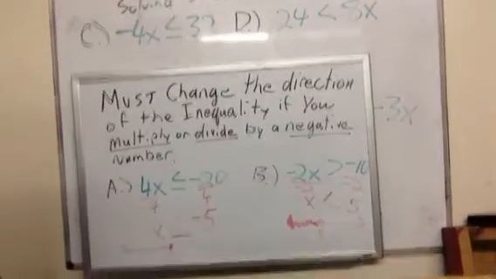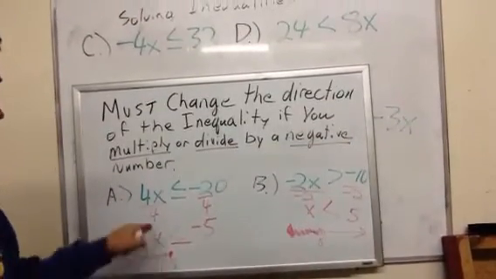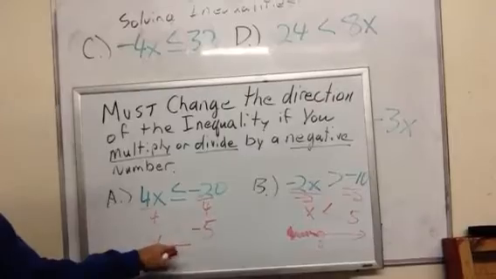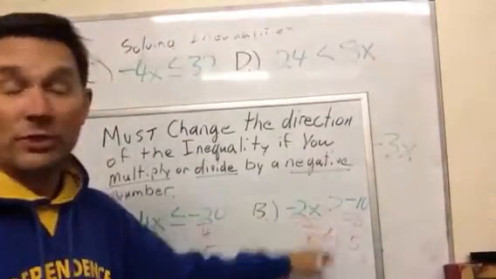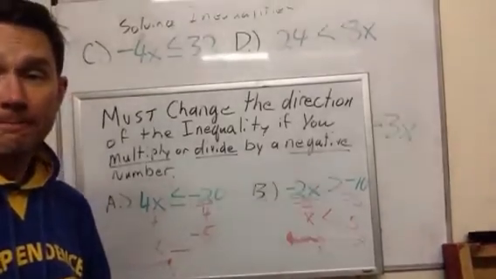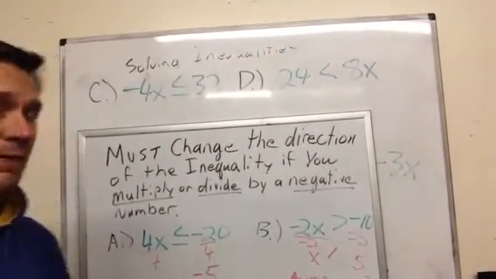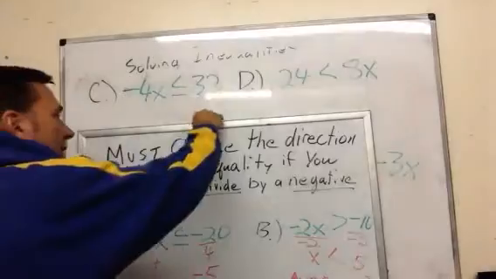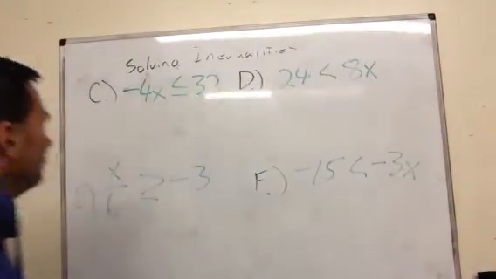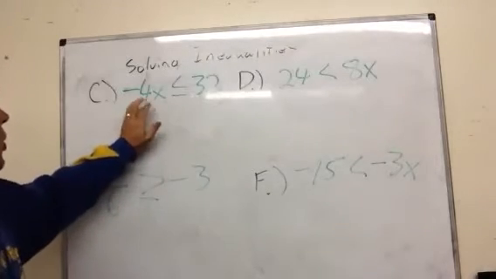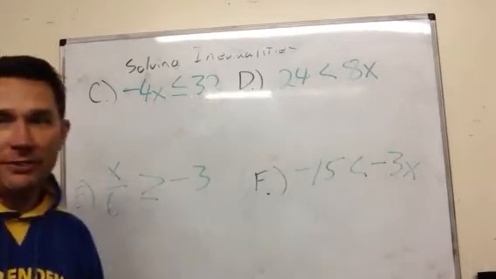So all numbers to the left of 5 are a solution. There are those 2 problems. Again, dividing by a positive number did not change it. Dividing by a negative number, we did need to switch it. So keep that rule in mind as we do the next 4 problems. Think about how we're going to solve this.